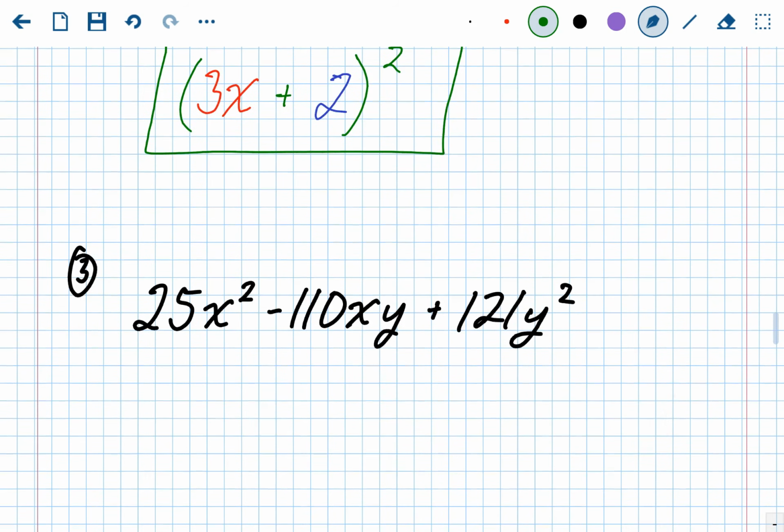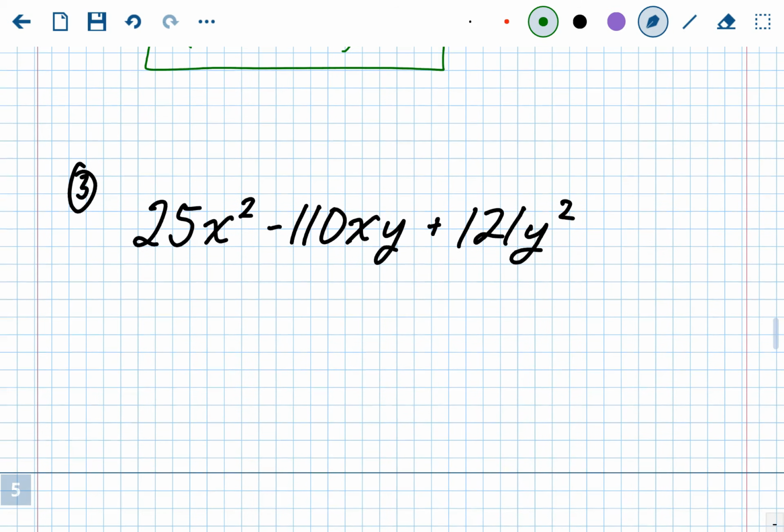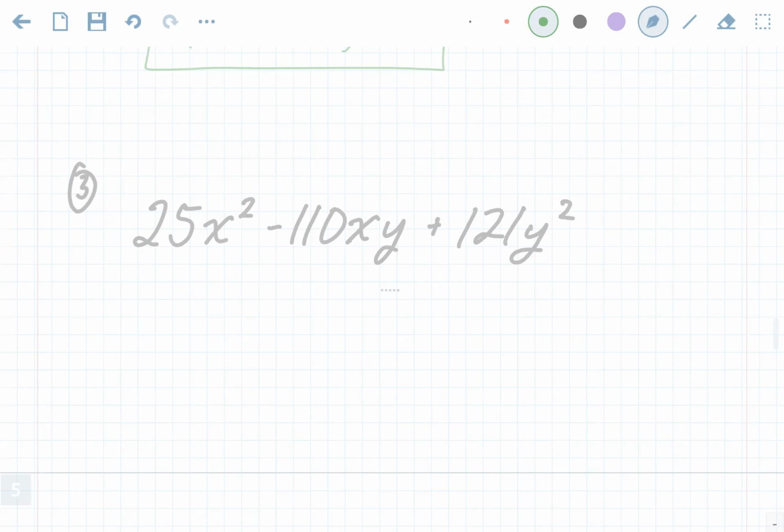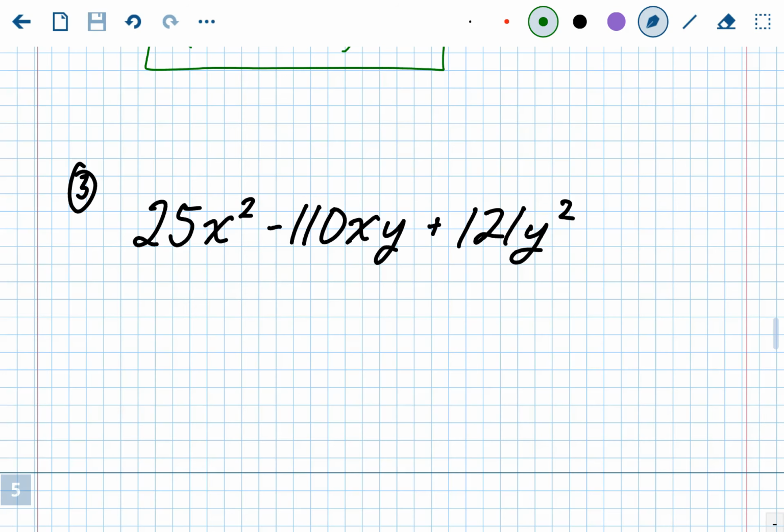This last one would be terrible to factor using the other methods like guess and check. Instead, recognize that some of these numbers are perfect squares. We have 25 in front and 121 at the end. Those are both perfect squares, so check to see if it's a perfect square trinomial. Is the first term a perfect square?